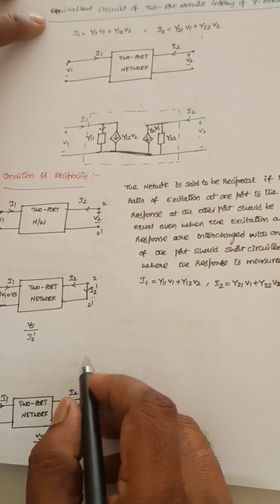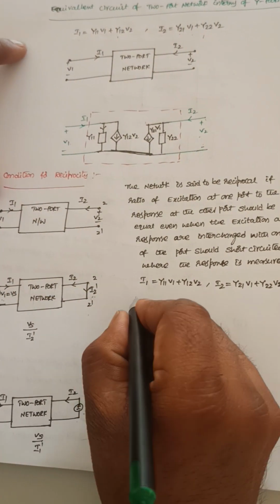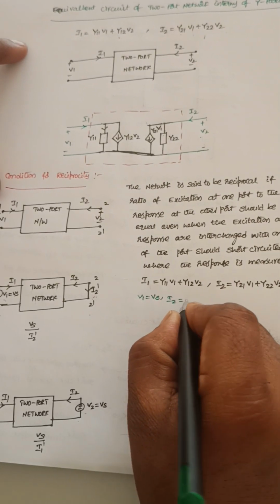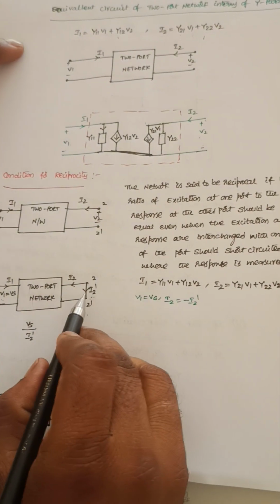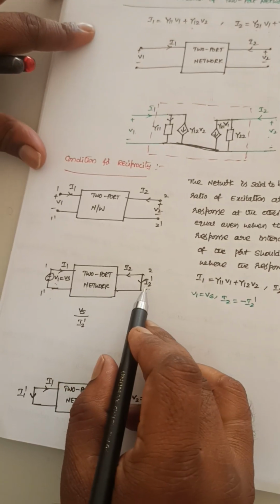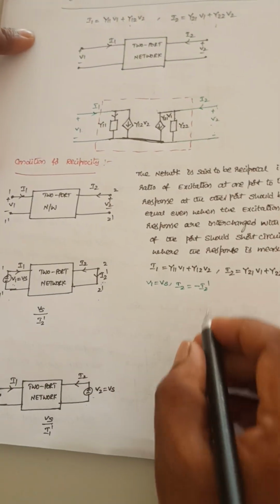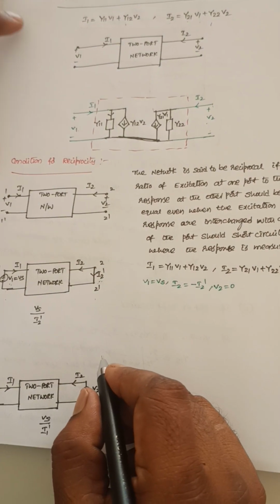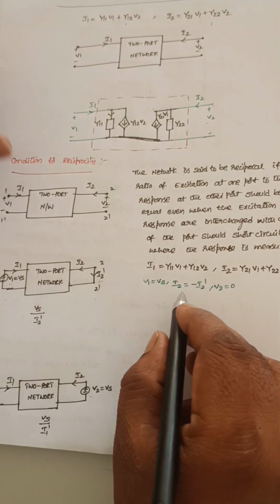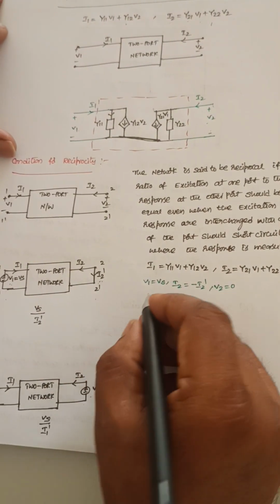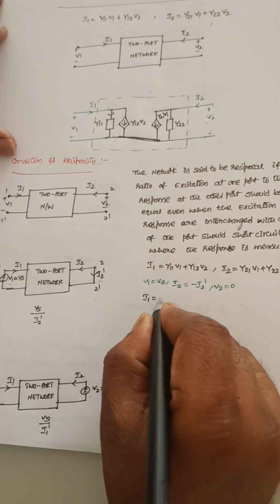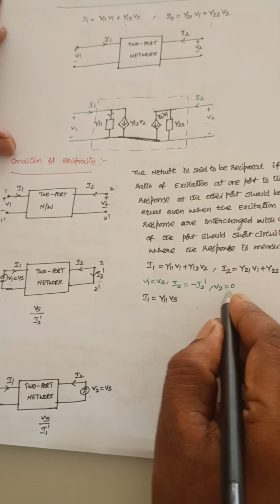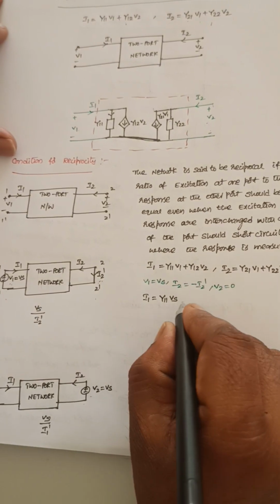From this diagram, I can say that V1 is equal to Vs and I2 is equal to minus I2 dash, because these two are in opposite directions. And V2 should be equal to 0 since it is short circuited. Now let me substitute these values in these expressions. Now I1 is equal to y11 Vs, in place of V1 it is Vs, and V2 should be equal to 0, so now it is plus 0.